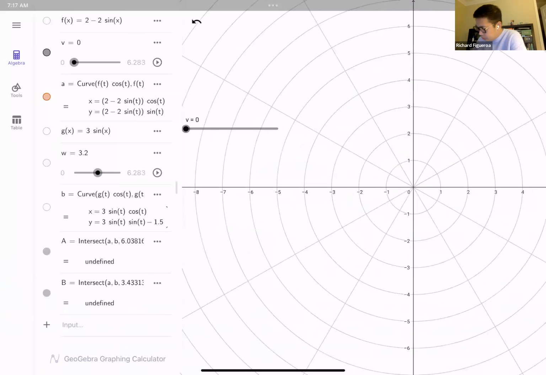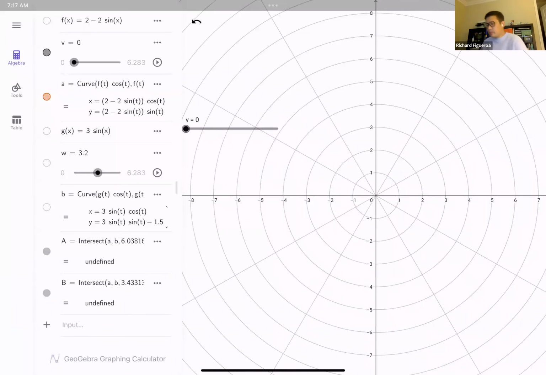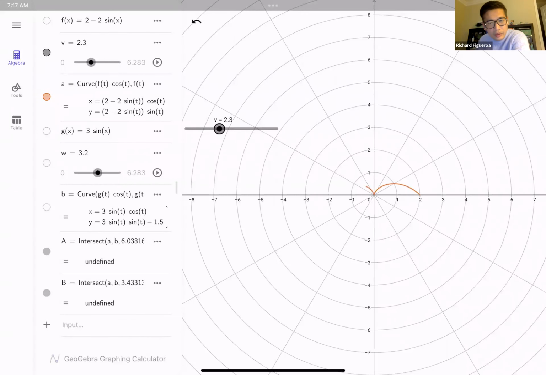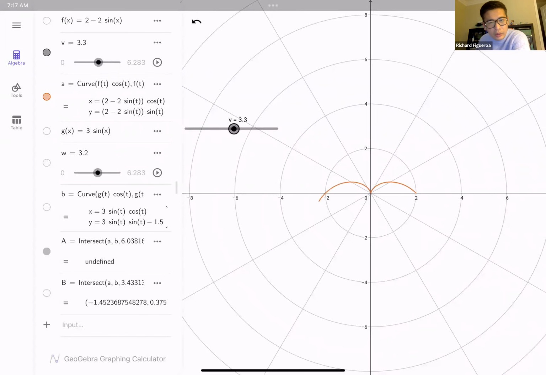Initially, if I start with 0, as you can see, we started at 2, and then when it reaches 90 degrees, it becomes 0, and then until it goes to 180 degrees, that makes it 2 again.